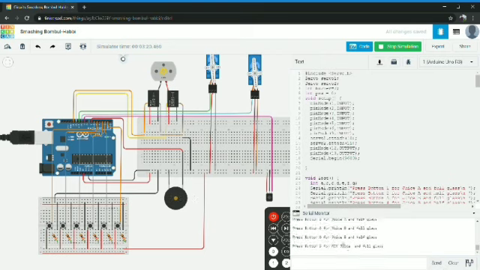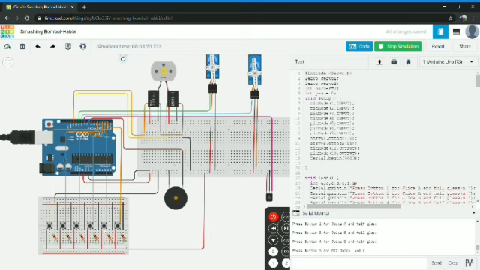Now it is again asking for the inputs. Now we will input mixed juice and the quantity will be full glass. Now I will press the fifth button.